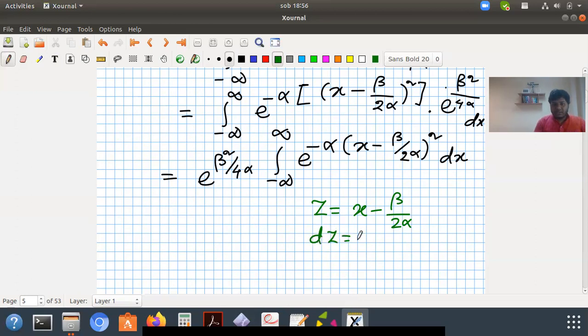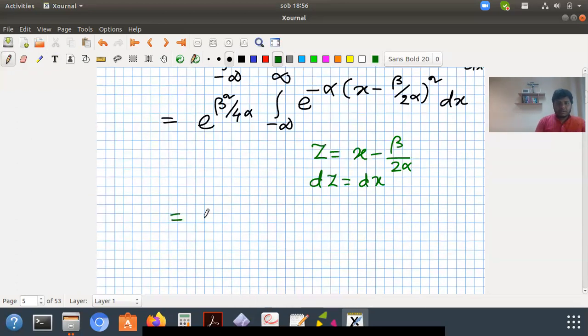So dz equals dx. So e to the power beta square over 4 alpha, integral from minus infinity to plus infinity e to the power minus alpha z square dz.